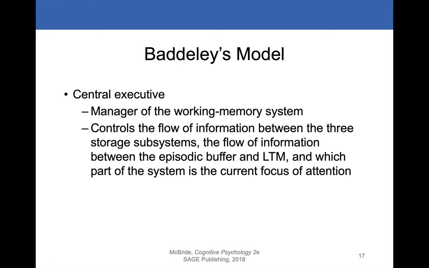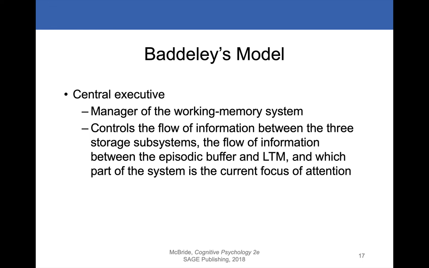It controls the flow of information between the three storage subsystems, the visual spatial, phonological, and episodic. And it also controls the flow of information between the episodic buffer and long-term memory, and which part of the system is the current focus of attention. So basically, it's responsible for regulating and controlling all of the flow of information between all of these different systems.